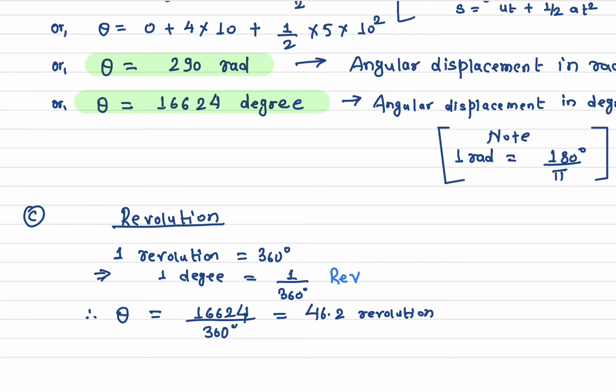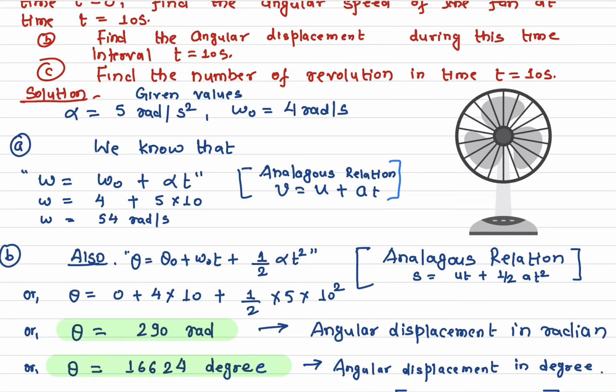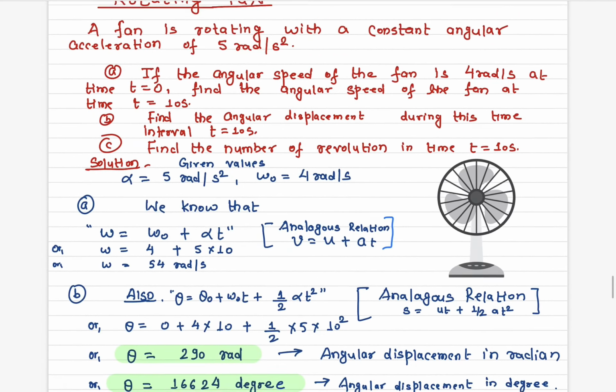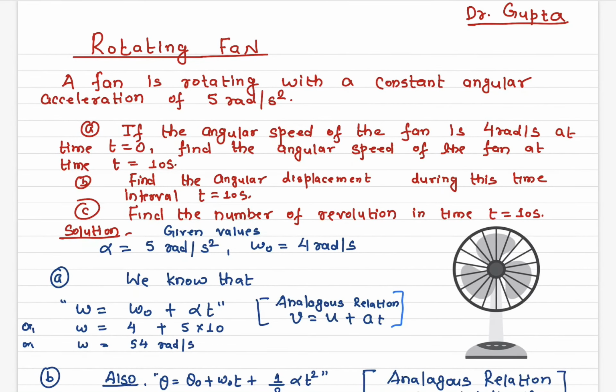If I need to change the degree into revolution, I simply have to divide by 360, and I get 46.2 revolutions. That means it has turned slightly more than 46 complete turns in time t equals 10 seconds. So this is about the rotating fan, where we have calculated the angular speed, angular displacement, and the number of revolutions.